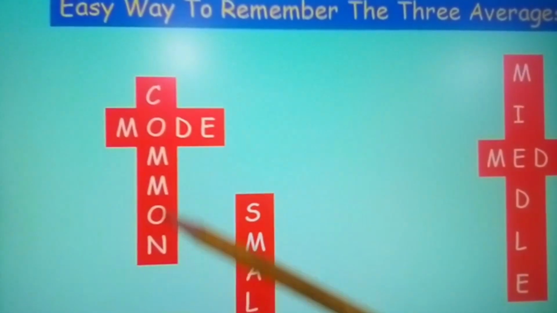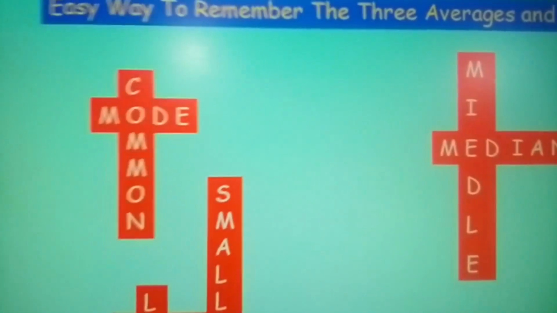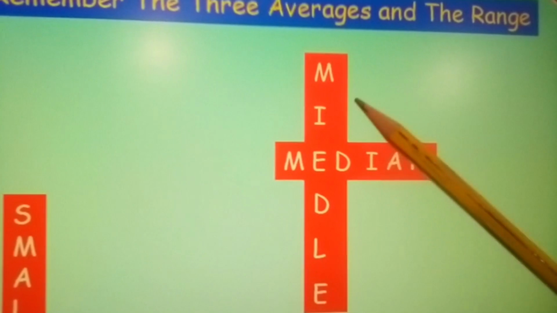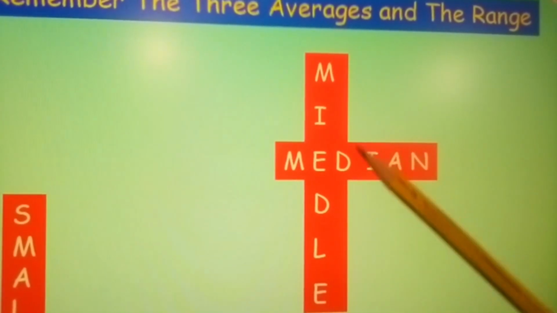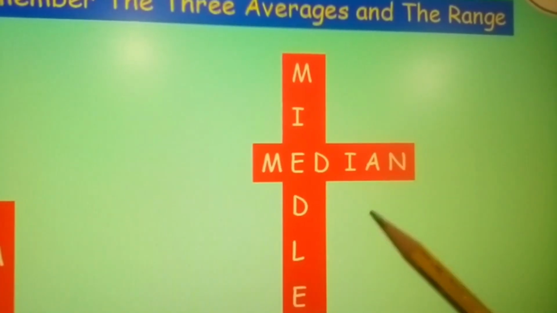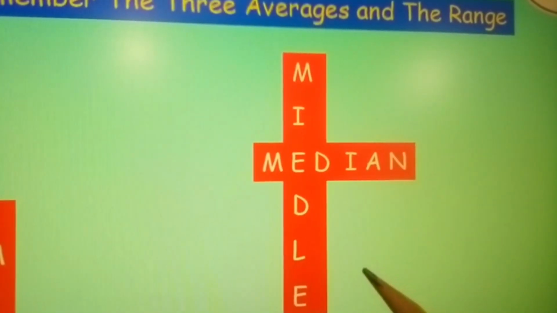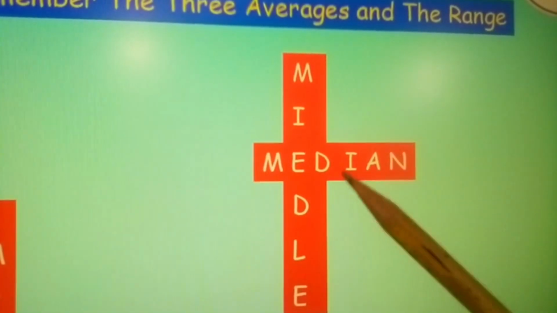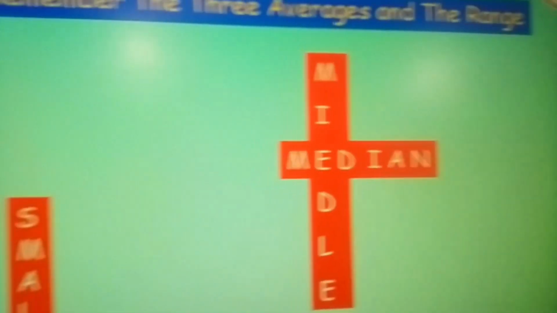Common and the mode. Now, median, that should mean middle, but as it's an E for median, it doesn't quite spell middle, but you can get the gist of it there. It's a middle.